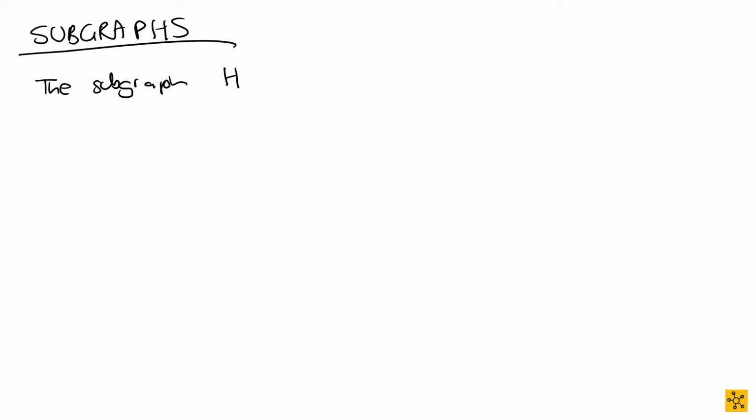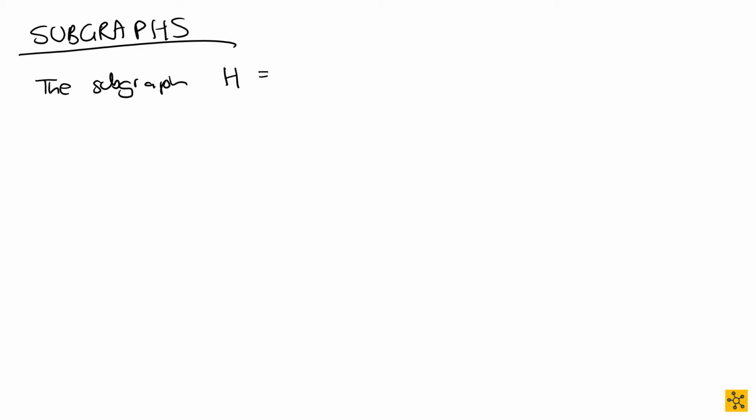So subgraphs, the very first one, we just do the general, what is a subgraph? So we say the subgraph described by, and we're going to call the subgraph H in this case.